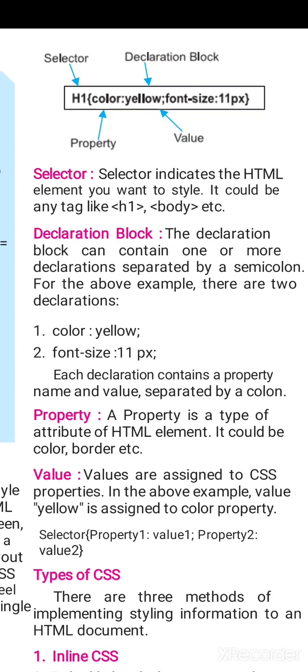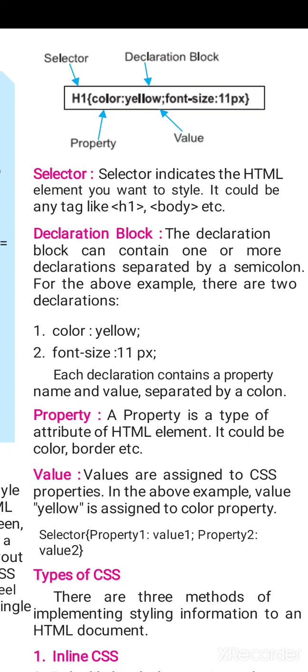Here we have merged font hyphen size within a selector called heading level 1. So such a font size can work as a property for this selector H1. It's a style. It's the effect of a style sheet.